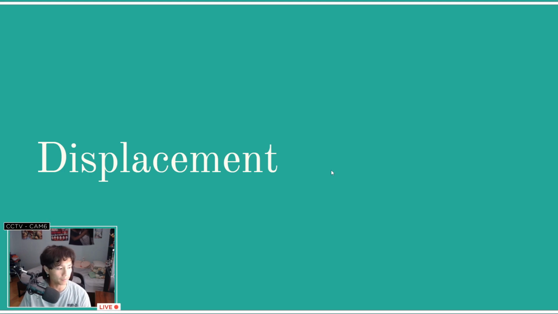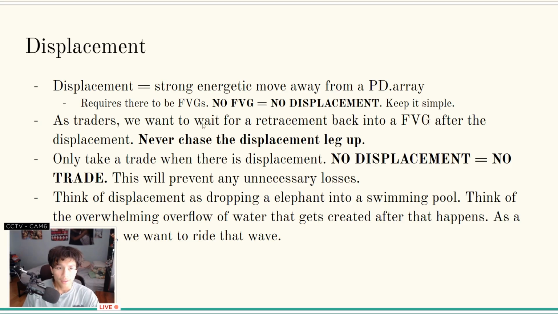All right. So the next and the last subcategory of what a fair value gap is, displacement. Displacement is a strong, energetic move, and it should be created away from a level.